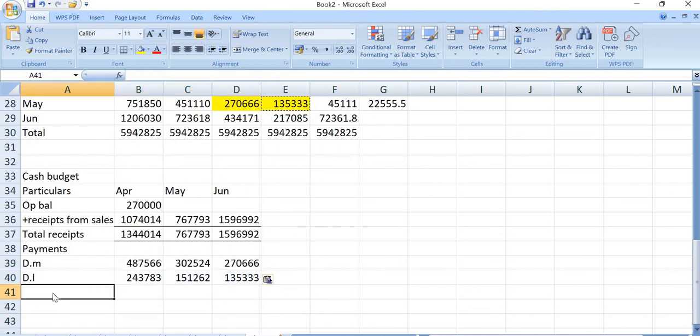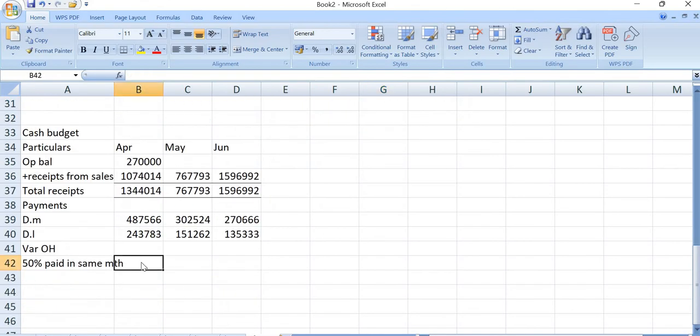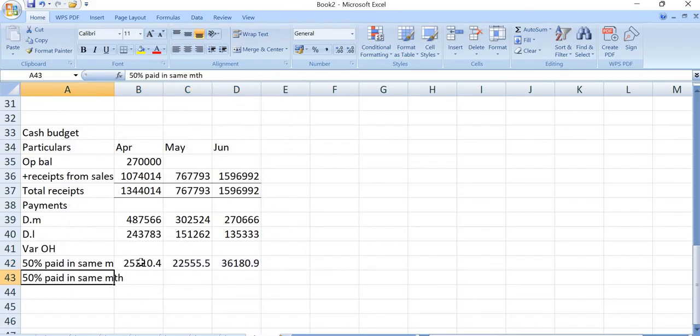So first direct material. So direct material, as already I mentioned, for March month the direct material I am going to pay in April only. And for direct labor same way, but it has been mentioned in different terms. So variable overhead, 50% paid in same month.